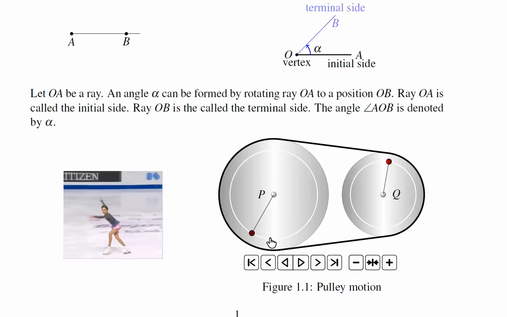Mathematically, we also have pulleys. Let's say one is the driving pulley and another is the driven pulley. We want to study the relationship between the amount of rotation of the big pulley and the small pulley.